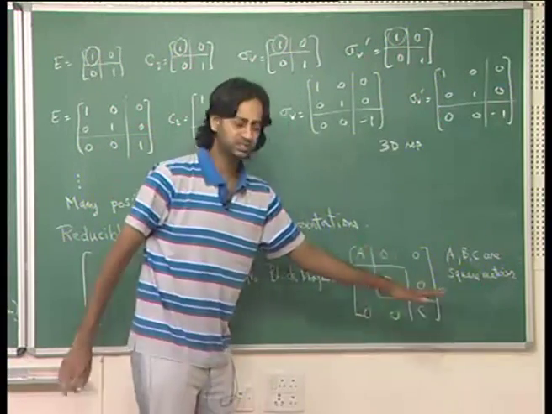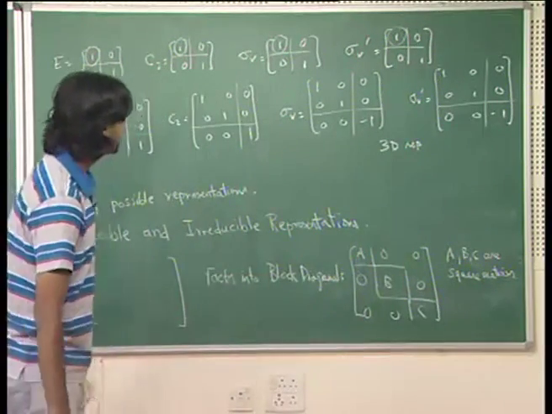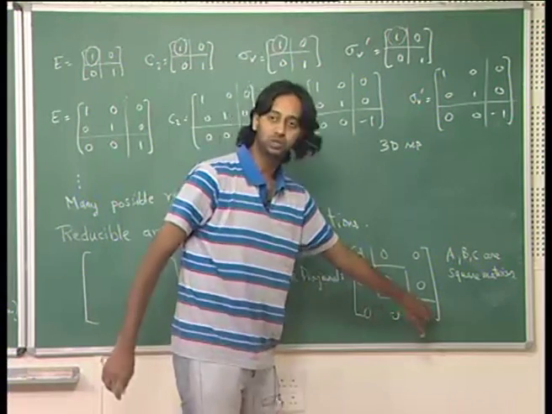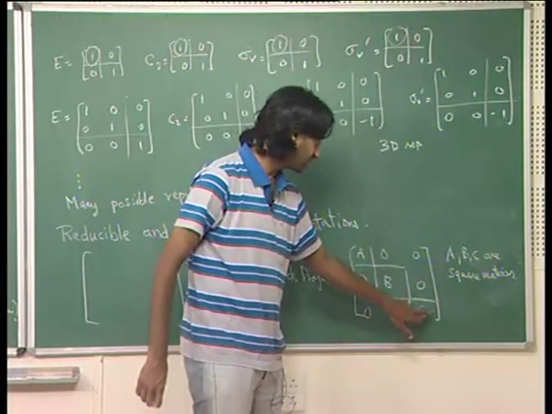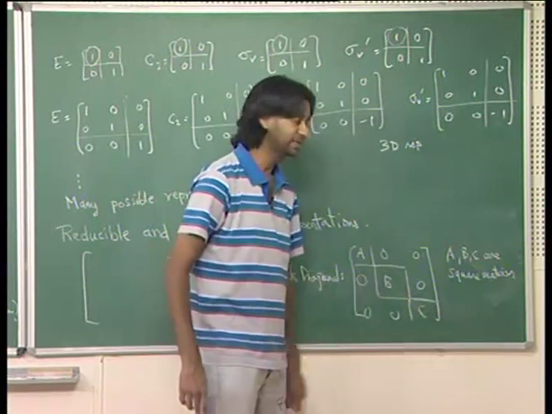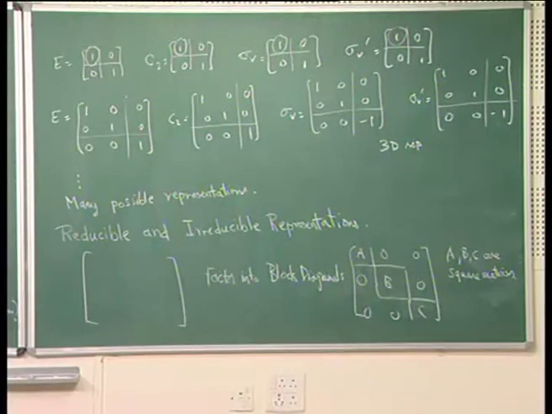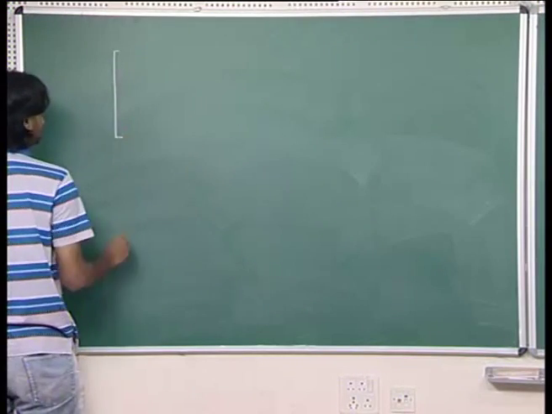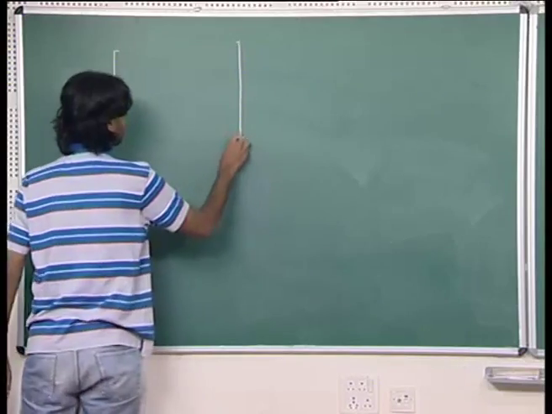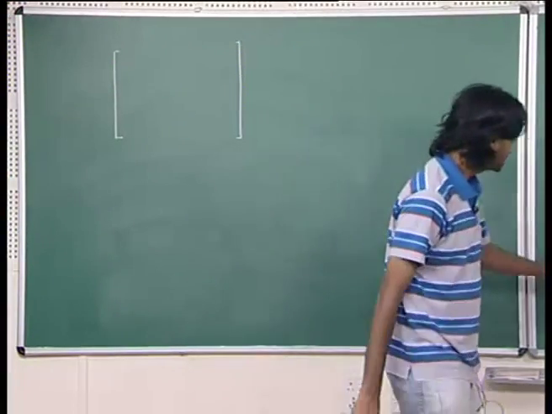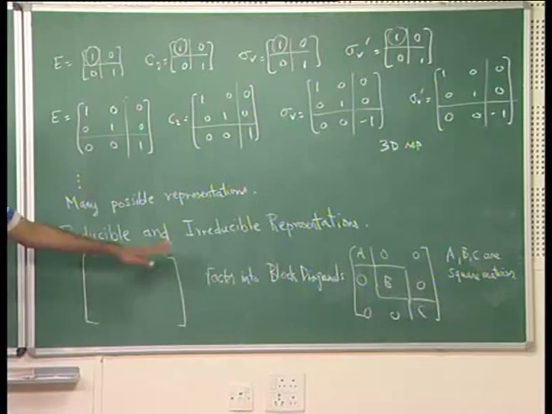So you keep doing this. You keep breaking into block diagonals till you cannot break it anymore. Okay. And then what you find is that each of these A, B, C's are also representations, and if you cannot factor it anymore, then they are called irreducible representations. Okay. So the important part is each operation should be factored into such block diagonals.